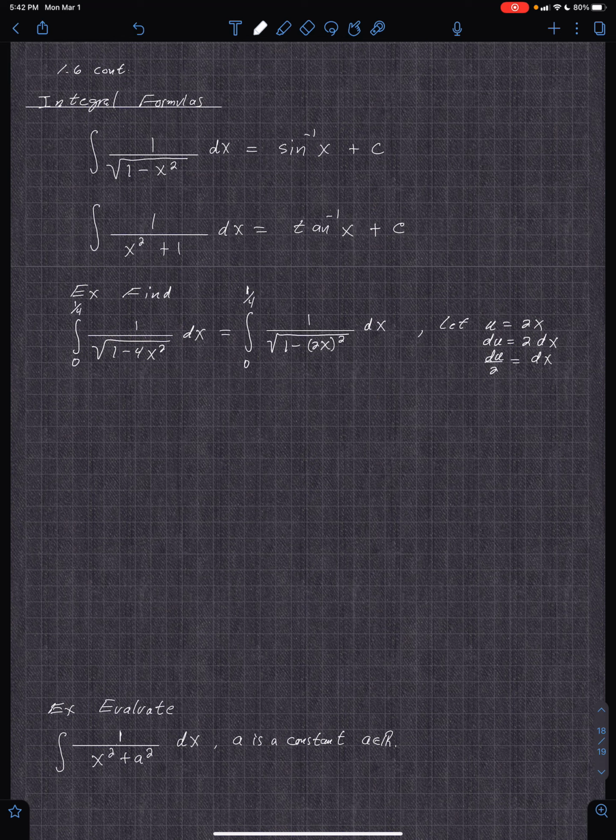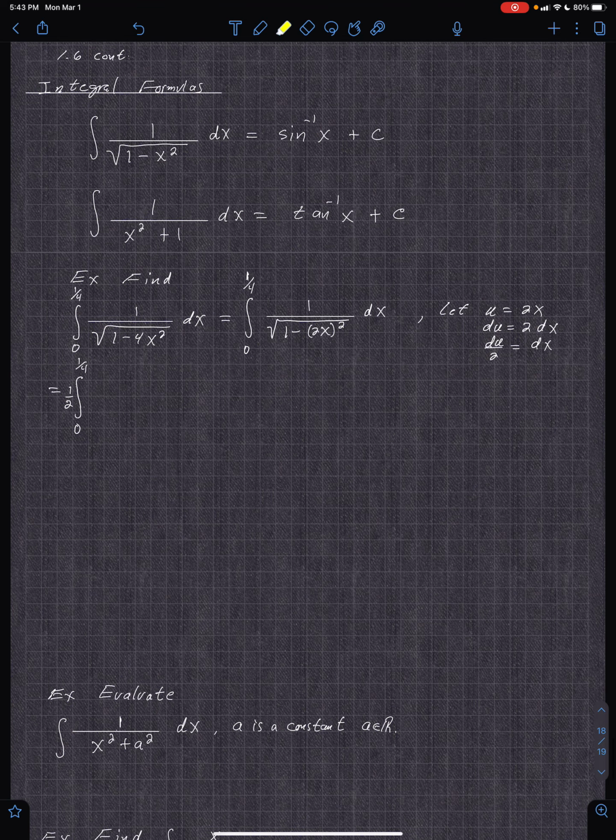So this equals the integral from 0 to 1/4. You'll need a half on the outside, that's where this is coming from. Then you get 1 over the square root of 1 minus u squared du.